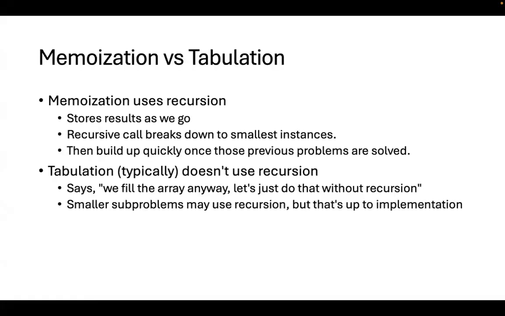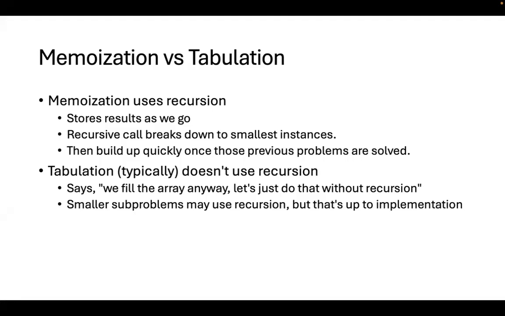So one thing is we talked about dynamic programming being a combination of recursion and writing stuff down. For recursion and writing stuff down, that tends to be memoization, where as we recurse, we write down, here, we've solved this, or we check if we solved it, and then don't do recursion anymore. That's one option. The tabulation or bottom-up approach maybe doesn't use recursion.